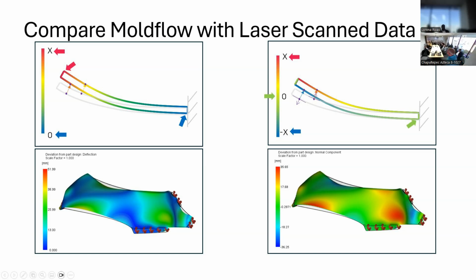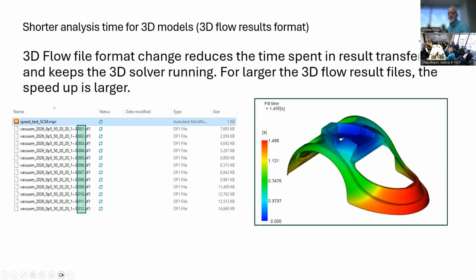In the new plots, depending on which direction you look at the data, you will see something displaying in blue or primarily in red, and the data that has no deformation will be in green. So it's an additional plot next to the existing plots that you have. Just another way to more easily compare Moldflow workbench results to scanner data.